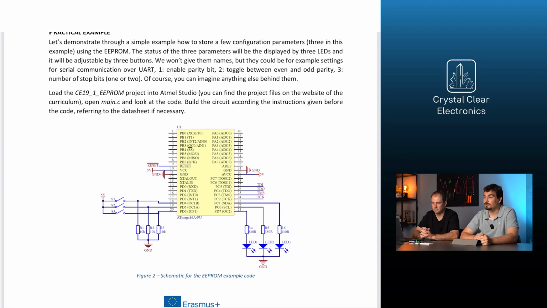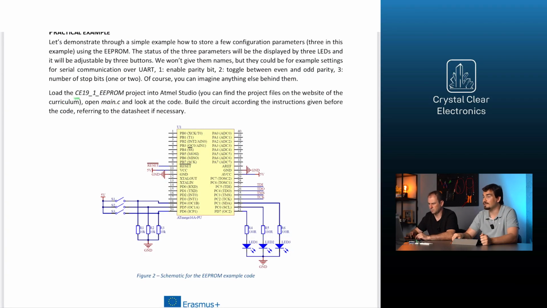For example, say the first is the parity bit enabled or not enabled, the second is the even or odd parity bit, and the third can mean that 1 or 2 stop bits are used. Of course, you can imagine anything else behind the buttons.